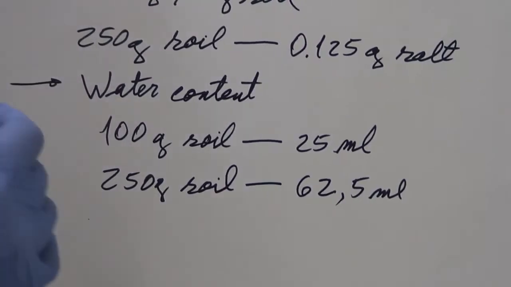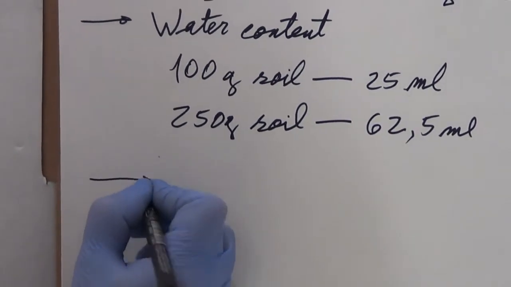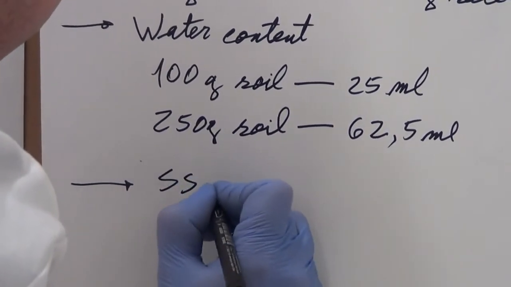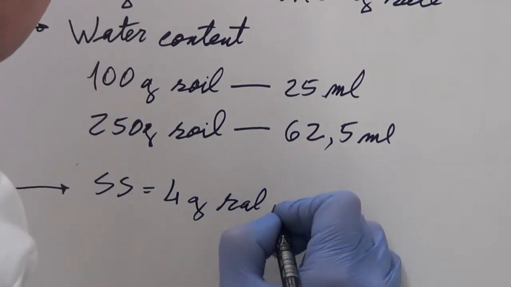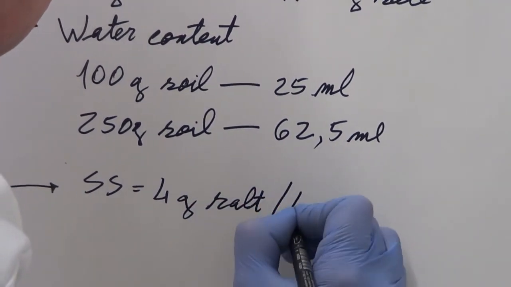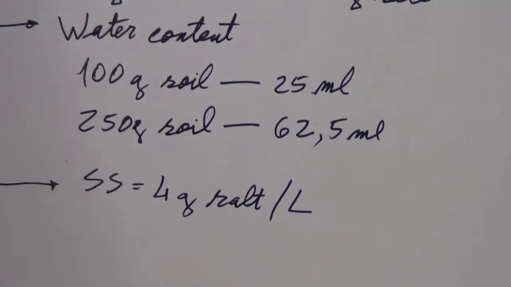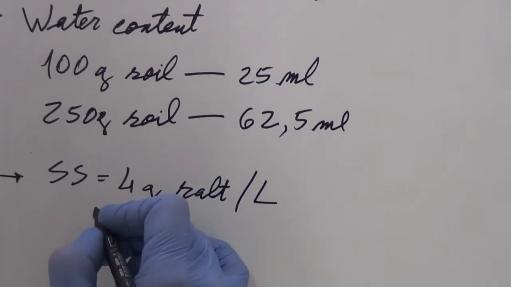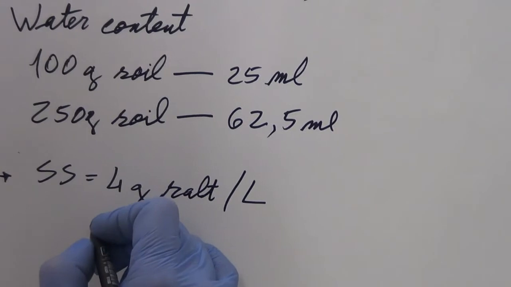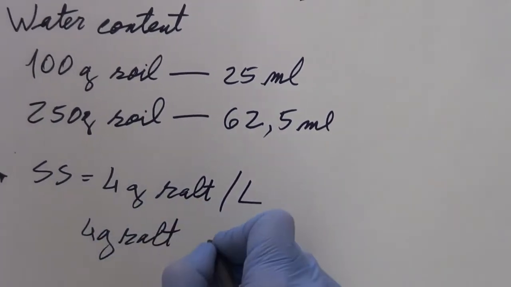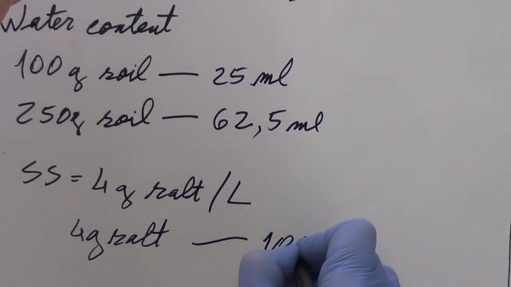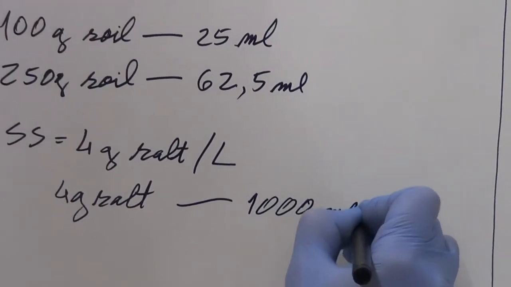Since we have a stock solution with 4 grams of salt per liter, we will need to make a proportion. So we have 4 grams of salt in 1000 milliliters of solution.